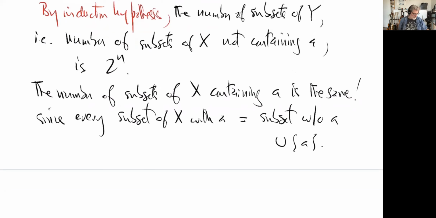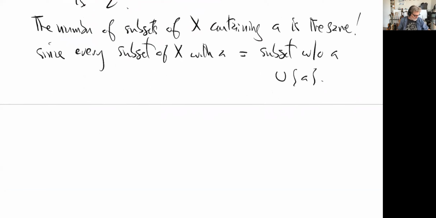Hopefully you believe this. If you take any subset which contains A, you just remove the A, you get a subset without A, and there's exactly one for each, right? So that's the same number.